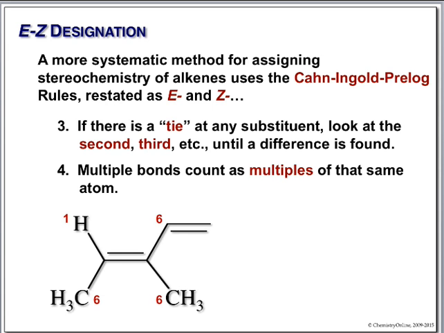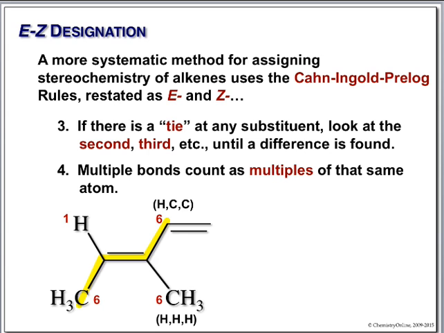This is attached to another carbon here, and it's a double bond. So 3 hydrogens here, 2 carbons, and a hydrogen up here. Our highest priority group is going to be this guy over the methyl group. Therefore, we're going to go like that. And this is E.